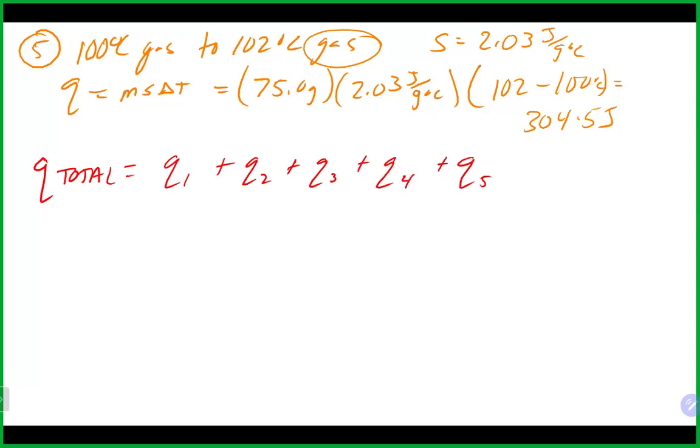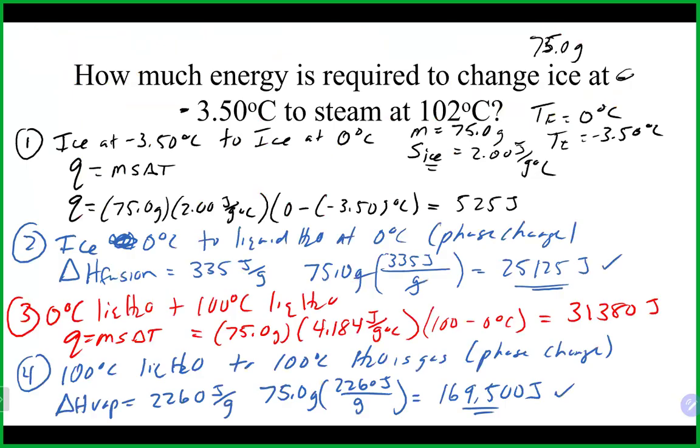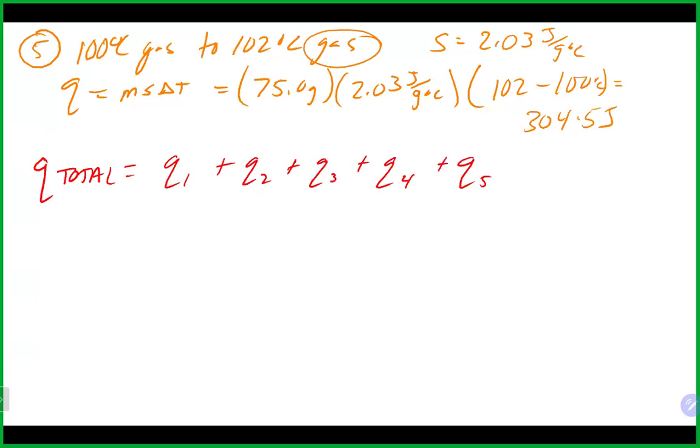So what we do now is go back and add up all those. We'll take our 525 plus our 125 plus our 380 plus our 500 plus our last step here, which was 304.5.